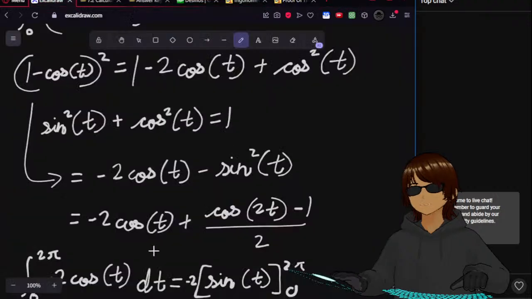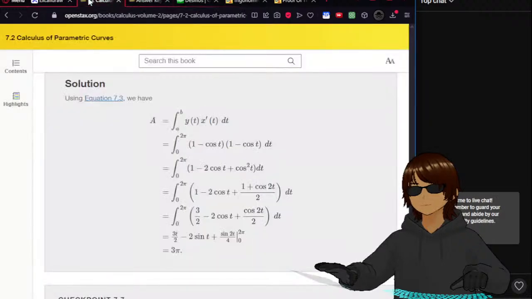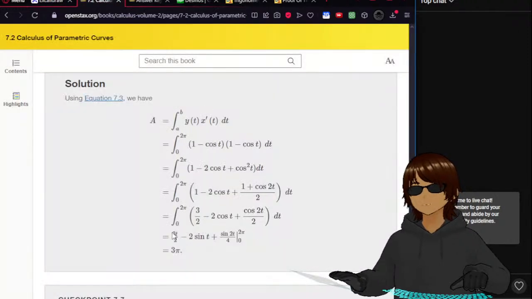I changed, where did I make a mistake? Minus 2 sine t, nothing is going to happen because it's going to get cancelled out.